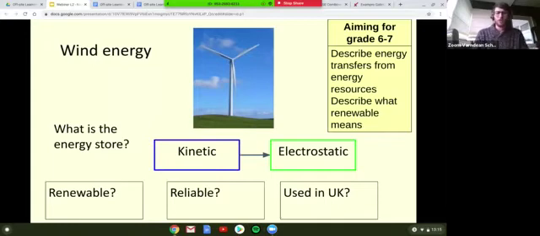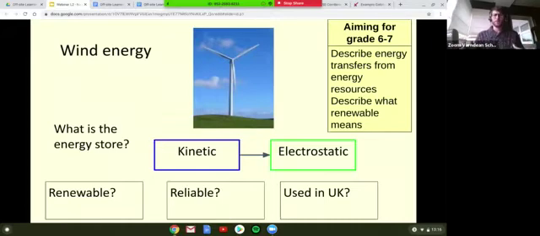Is it reliable though? In England, it's perhaps more reliable than in other countries because it's quite windy here. However, it's not always windy, so it's not 100% reliable. It's not very reliable wind energy. Say, for example, it's a very hot, still day, and there are lots of people who have got their electric fans on.